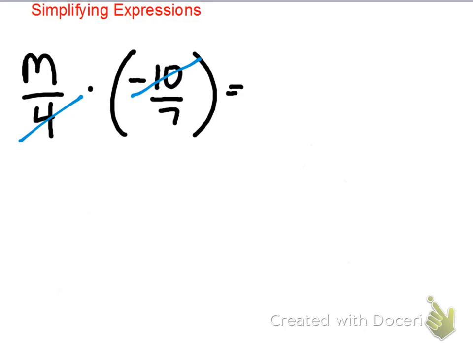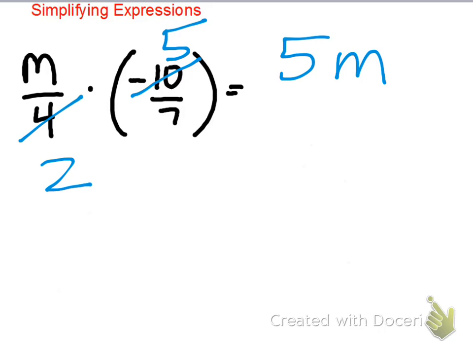So 2 goes into 4 twice, 2 goes into -10 5 times, and those are the only things that I can divide out. So then when I multiply m times 5, I get 5m, but we always write the number first, and I get 2 times 7, which is 14. I have a positive and a negative, so this is negative 5m over 14.